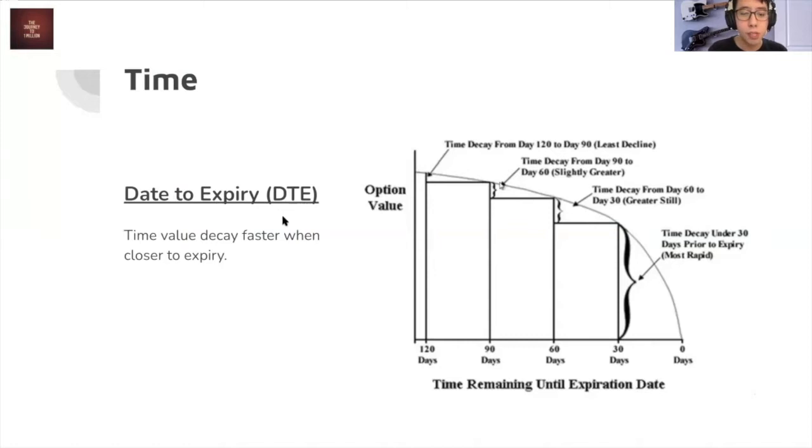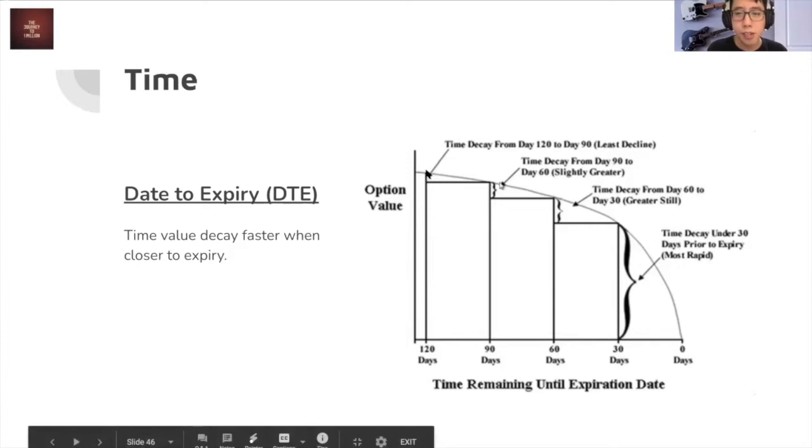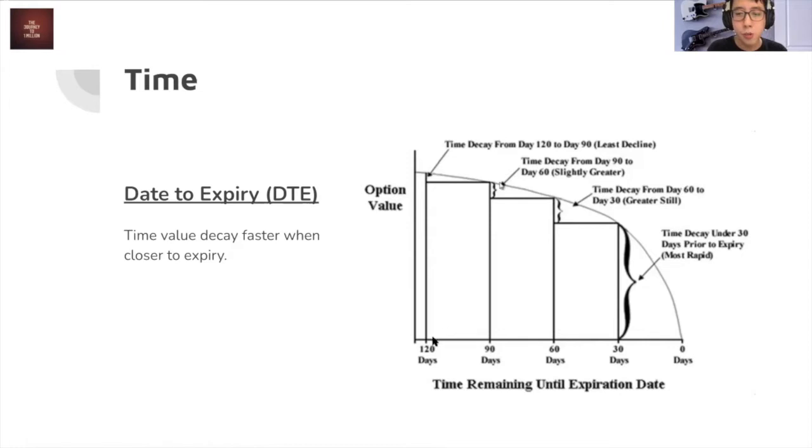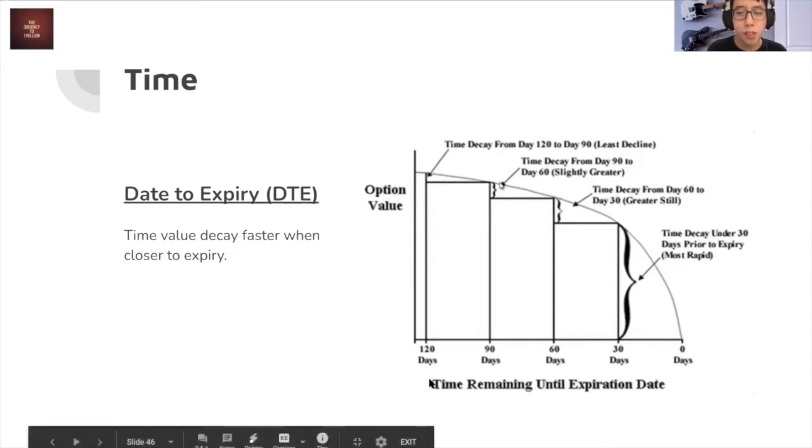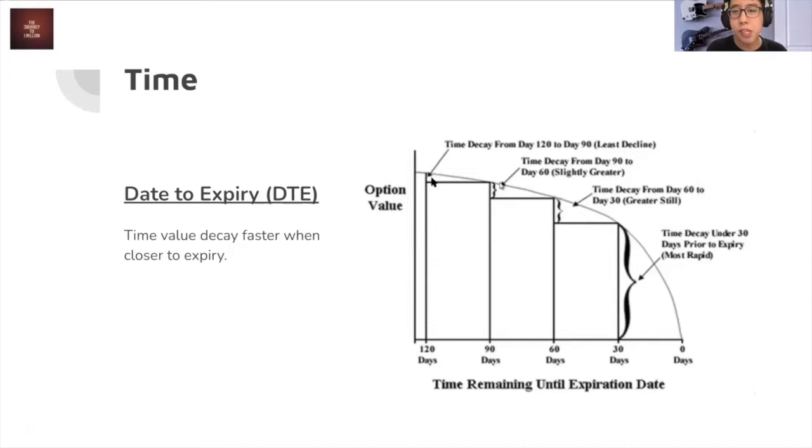So what this means is, as you can see from the chart here, the graph is actually a curve downwards. From the time remaining until expiry date, say 120 days until 90 days, the drop from time decay is very low.